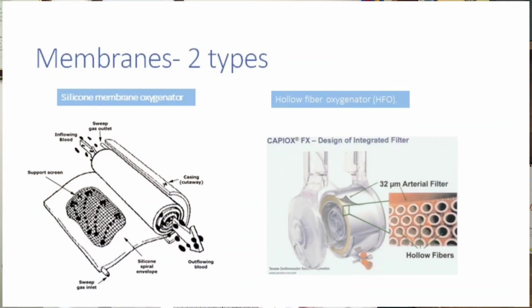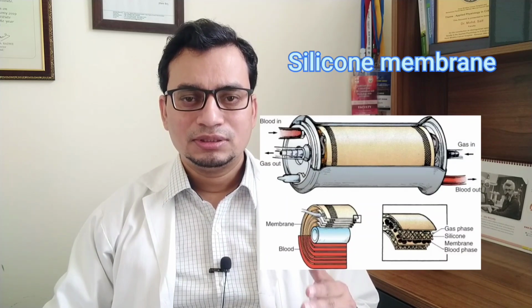ECMO membranes may be of two types: silicone membrane oxygenator and hollow fiber oxygenator. The oxygenator consists of a thin silicone sheath in the silicone type separated by a plastic screen spacer. The silicone sheet is wrapped around a polycarbonate core and housed in a silicone sleeve.